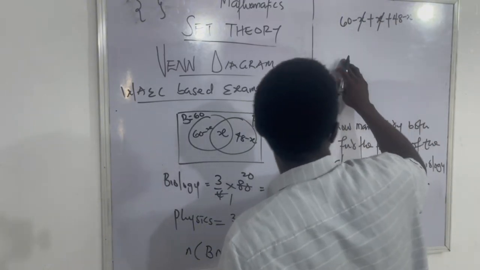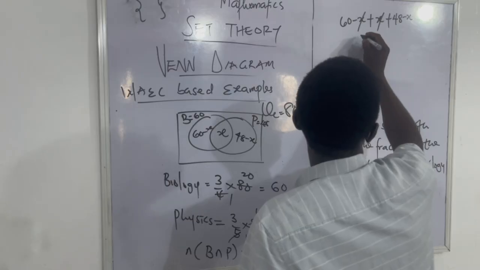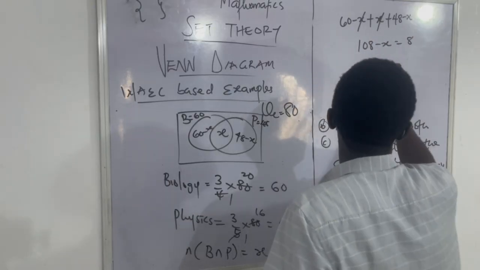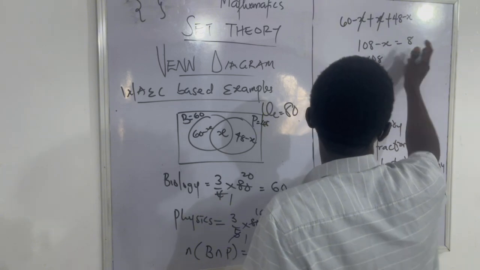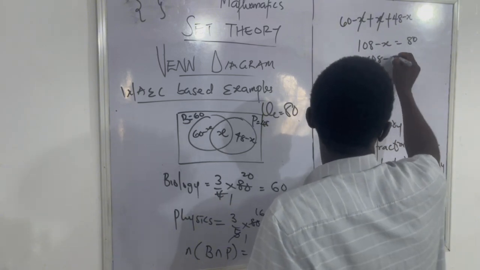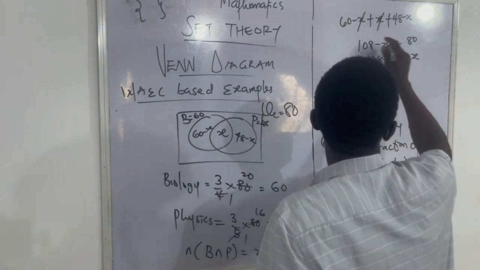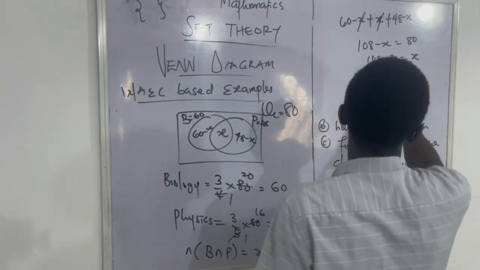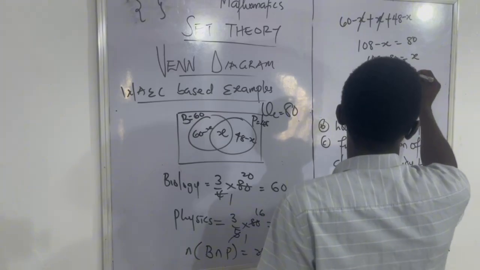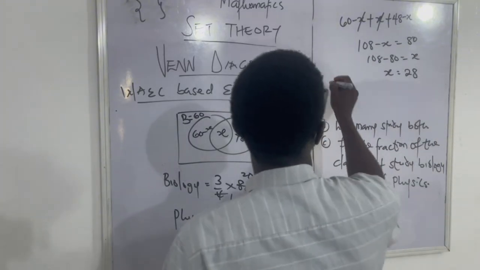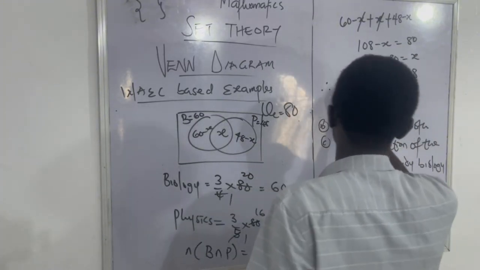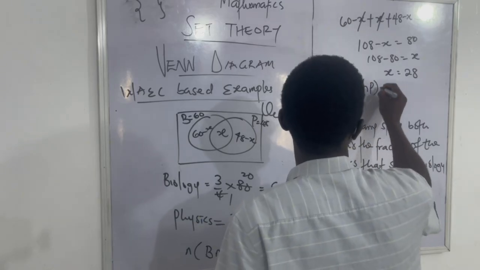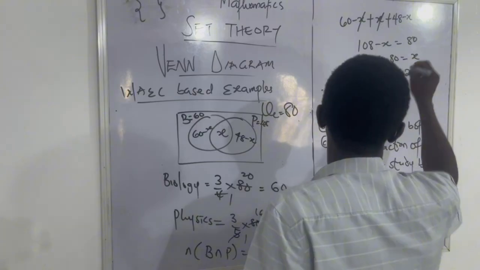Minus X plus X cancel. 60 plus 48 is 108, so 108 minus X equals 80. Collecting like terms, 108 minus 80 equals X, so X equals 28. So the number who study both, biology intersection physics, is 28.